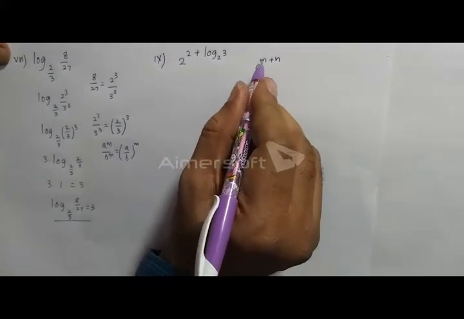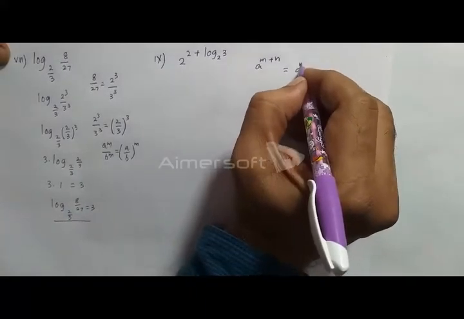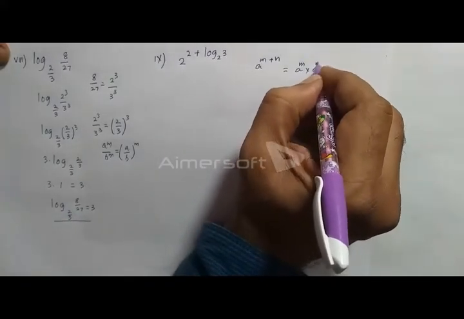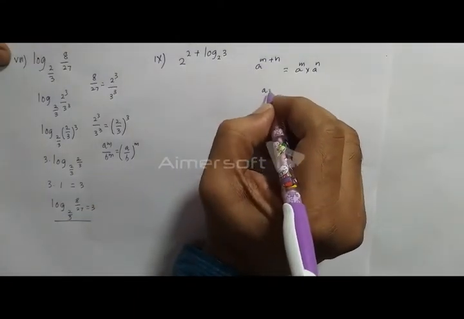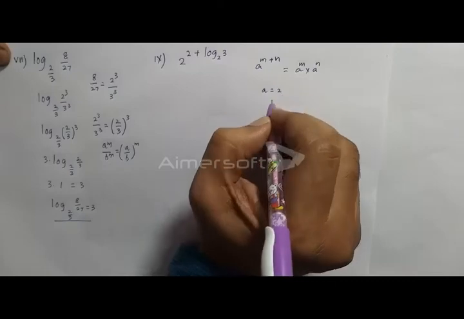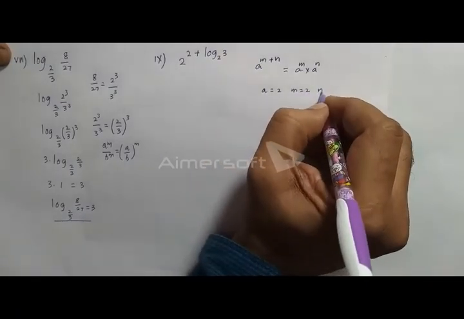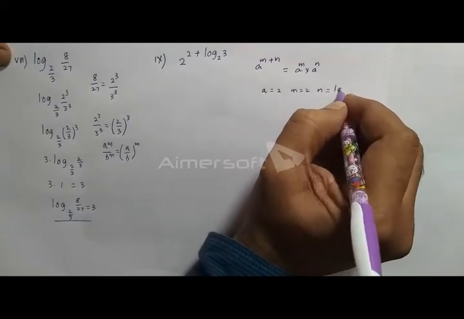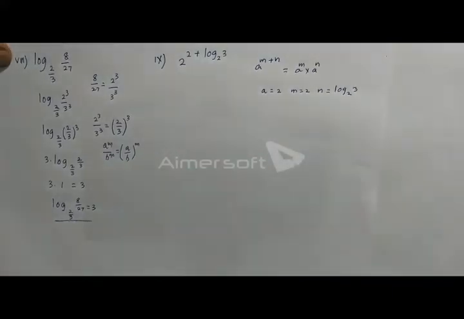Can we write a power m plus n as a power m into a power n? Yes, we can. Here a is equal to 2, m is equal to 2, n is equal to log 3 base 2.